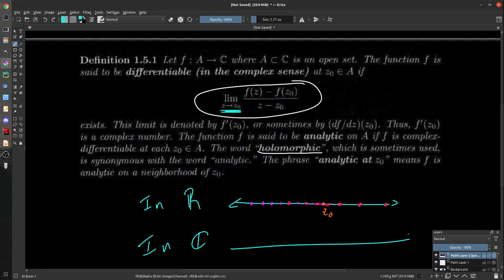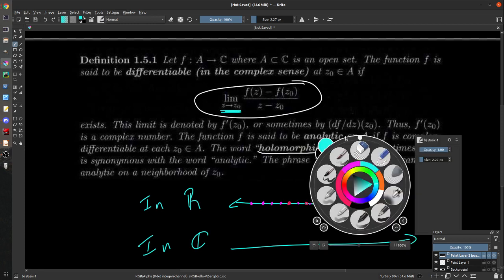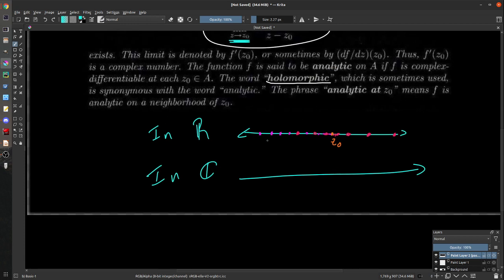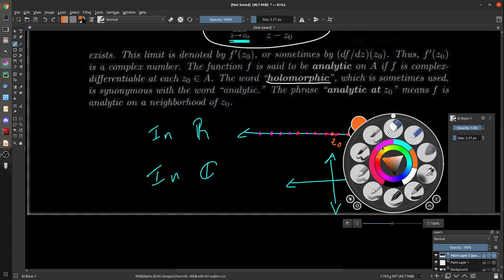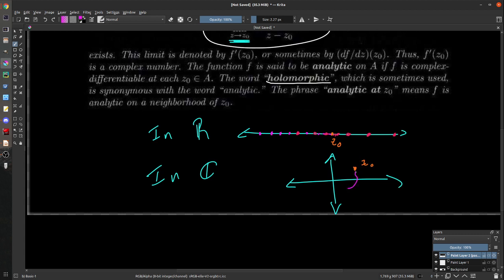The interesting thing about C, in opposition to this, is that C is a kind of 2D world, right? In fact, that's how we started by defining everything. We took the complex plane to be R2 equipped with a special multiplication operation, and so now we've suddenly got a whole lot more different directions to go towards a point.